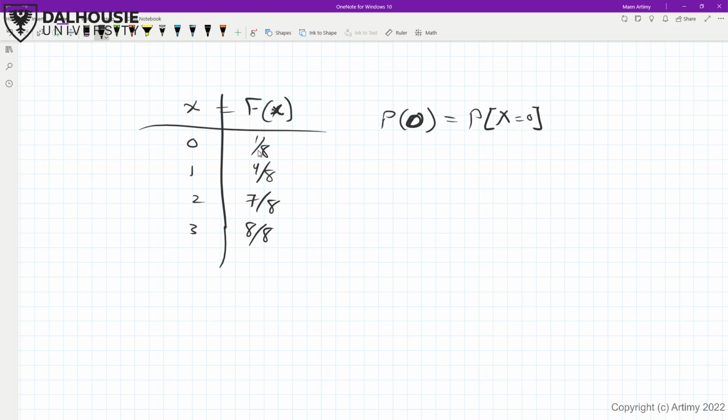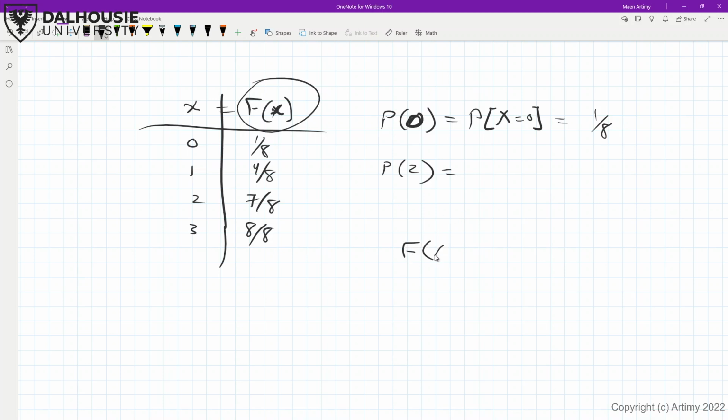So that's simply 1/8. But what is the probability of 2 here? So in this table, there is none, I need to find the probability of 2 by using the CDF.